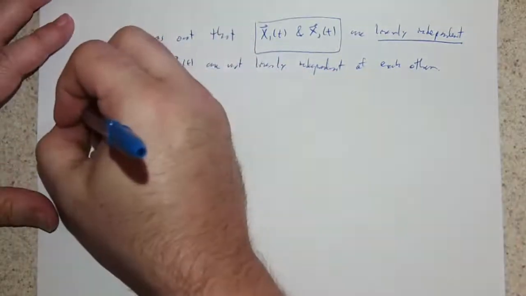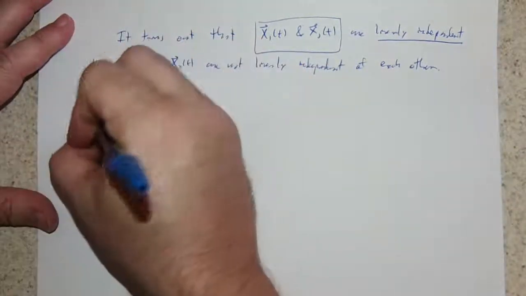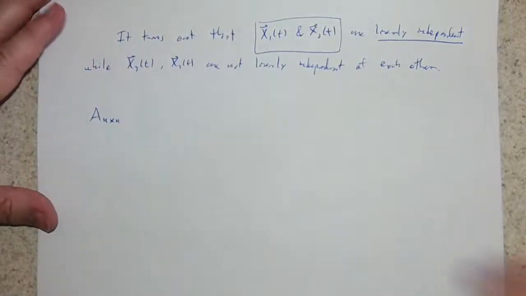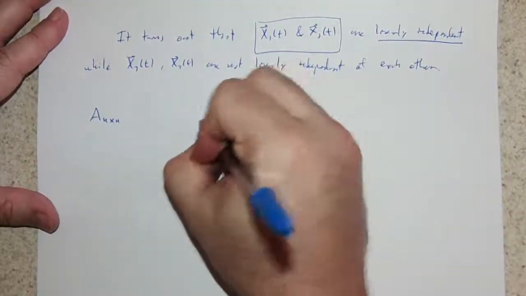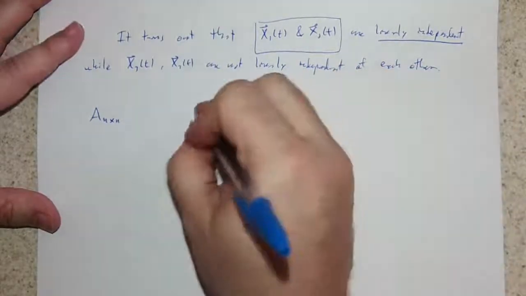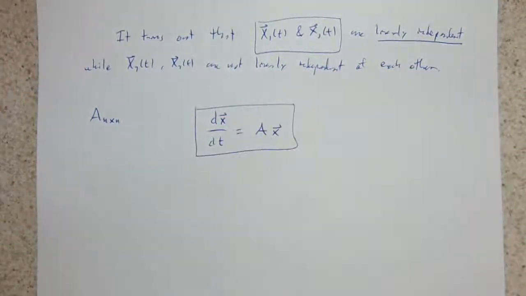So it turns out that suppose we have an n by n matrix A, and we have the system dx/dt equals Ax.